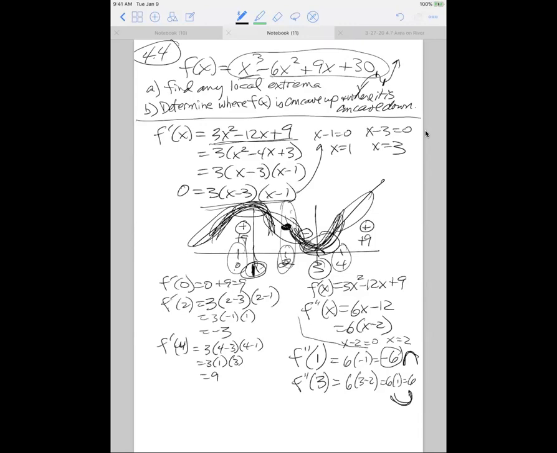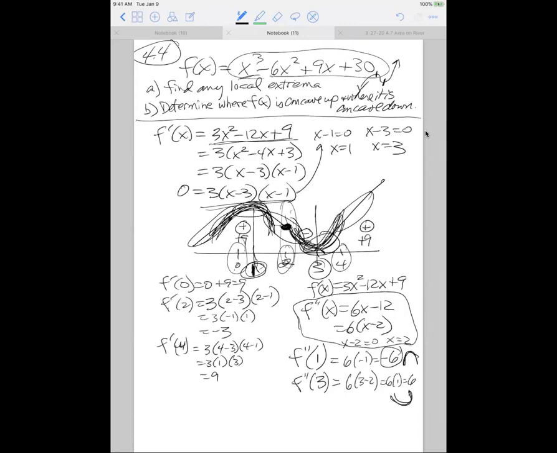Notice the second derivative is equal to 0 when you plug in 2. That's evidence that there's a possible inflection point. If you go to the right, it is concave up, and if you go to the left, it's concave down. That's evidence that that is an inflection point at x equals 2.